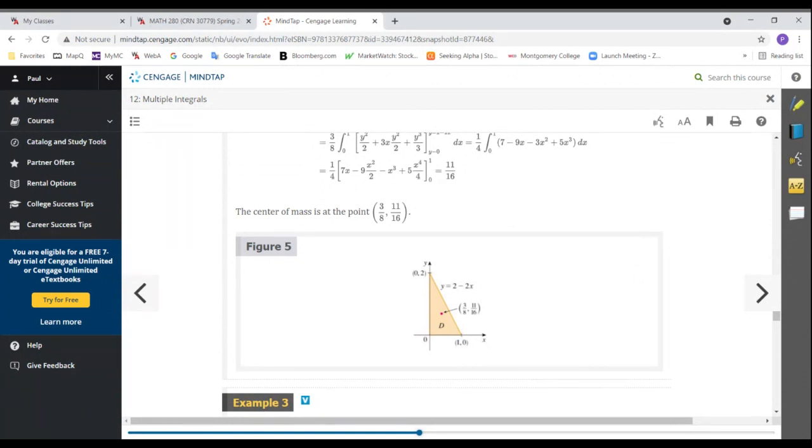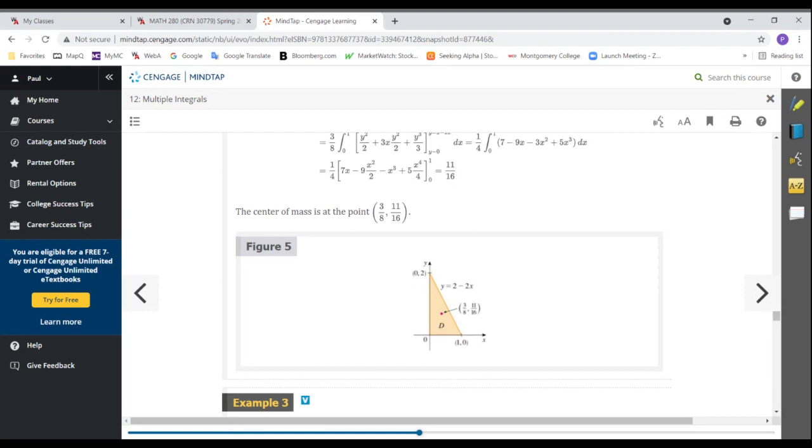And of course, the line segment connecting 0, 2 to 1, 0, well, they say y equals 2 minus 2x. How did they get that? Well, they used the point slope formula. First of all, they found the slope of that line segment, and the slope equals -2, using the slope formula and the two vertices there, 0, 2 and 1, 0.